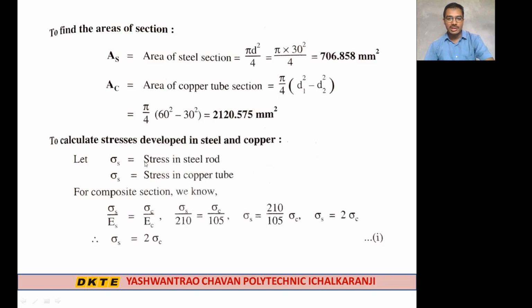We have to calculate the stresses in the steel rod and the copper rod. We know the equation: stress in steel divided by Young's modulus of steel is equal to stress in copper divided by Young's modulus of copper. We know the values of ES and EC, which are given in the problem. ES is equal to 210, EC is given as 105.